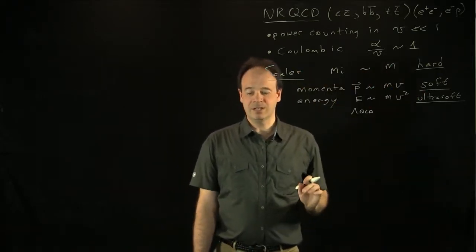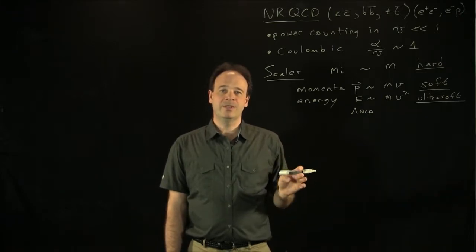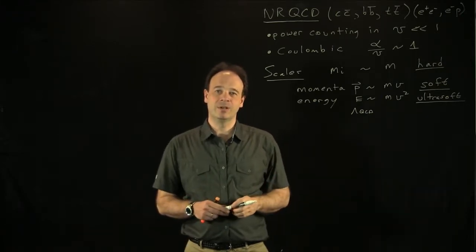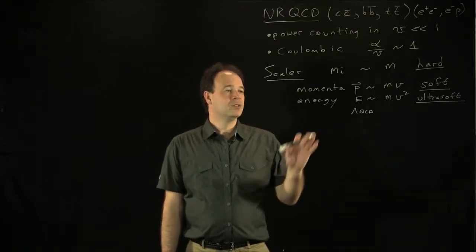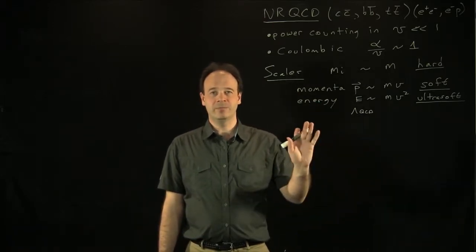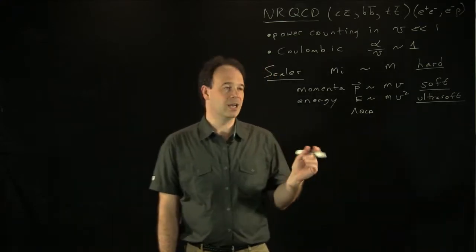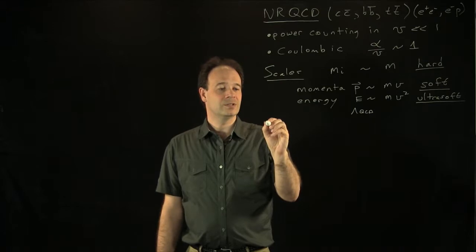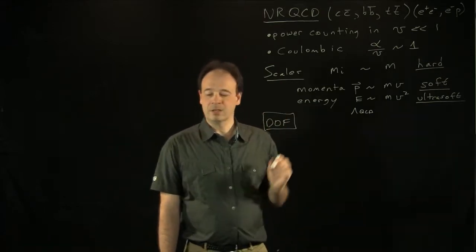This is the expansion that we want to do. But what are the relevant degrees of freedom? This effective theory is a little more complicated than some of the ones that we've dealt with so far. It actually has a fairly long list of degrees of freedom. So I'm just going to write the list down for you, and then we're going to talk about what the physics of the different degrees of freedom in this list actually is. So let's say degrees of freedom, and we'll make a little table.